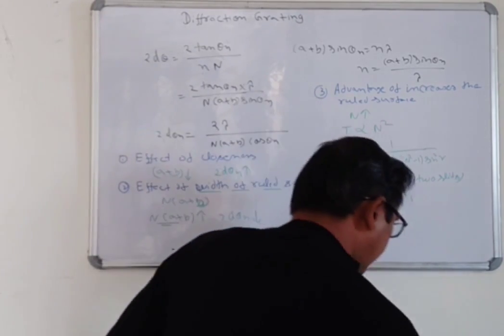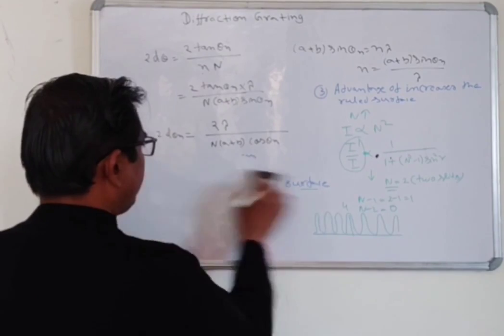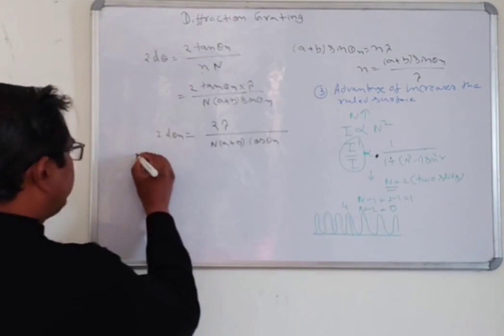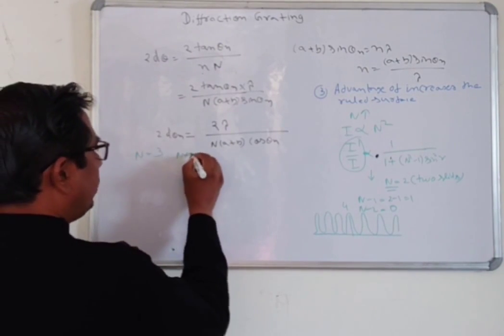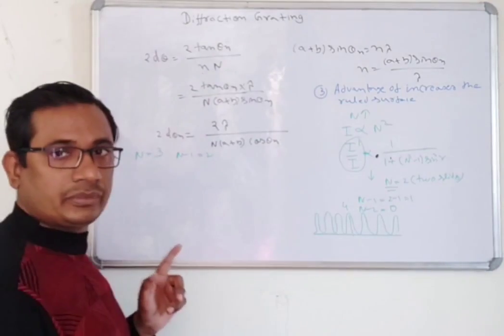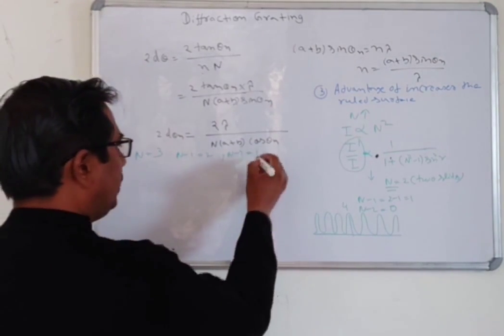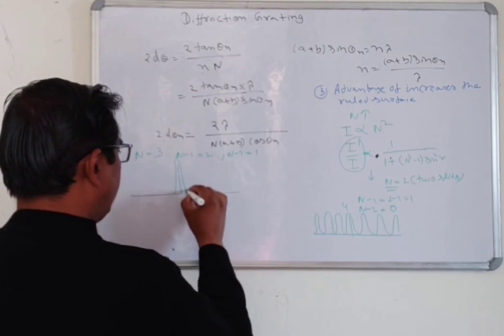Okay. Now when you increase the number of slits, suppose N is equal to 3, N − 1 minima is 2 minima, and N − 2 secondary maxima will be 1.